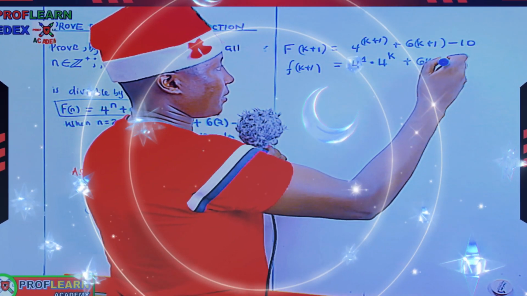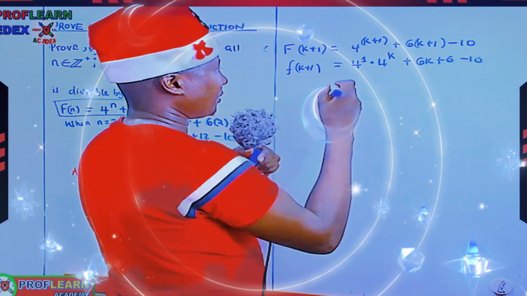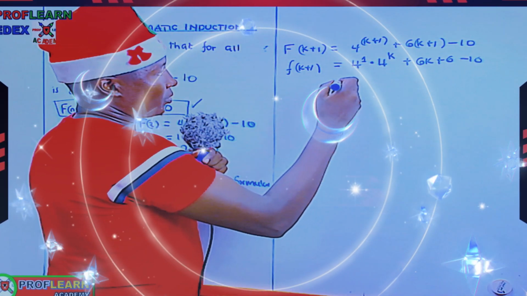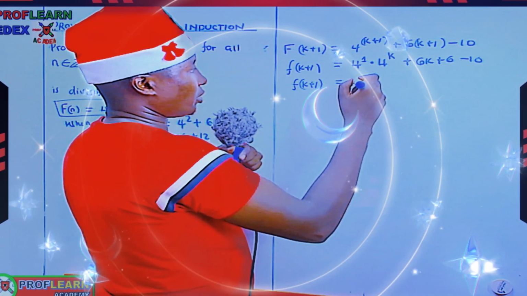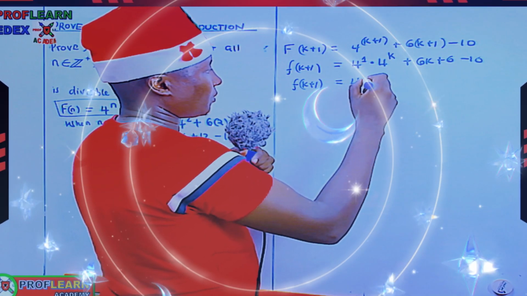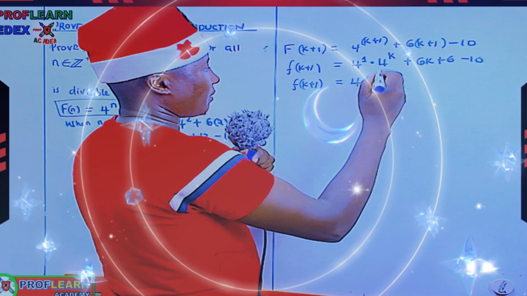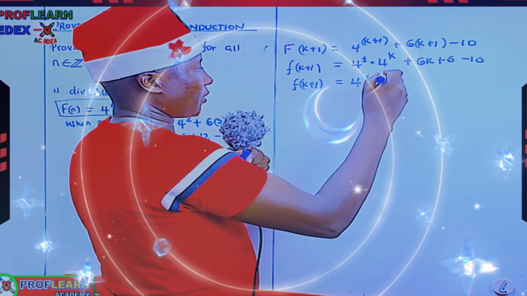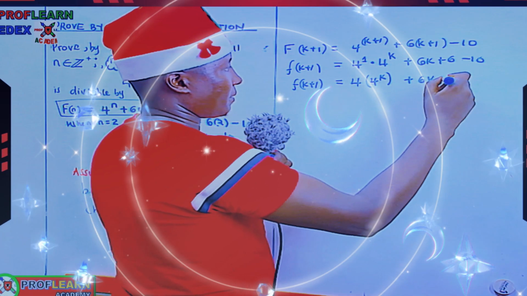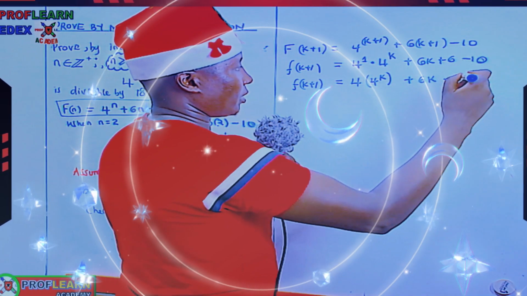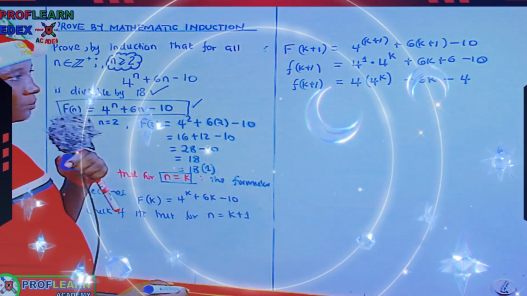Becomes 6k plus 6 minus 10. And finally, we shall have our f of k plus 1 reducing to 4 into bracket 4 to the k plus 6k minus, this is actually going to be minus 4.